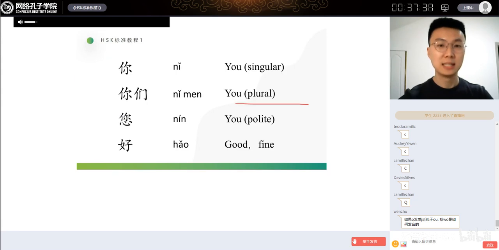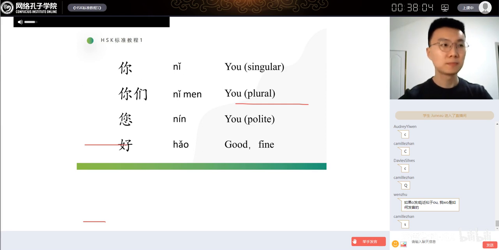你 means you. It's singular, only one person. And 好 means good, fine. If there is more than one person, two people or three students, we should use 你们, which is plural.